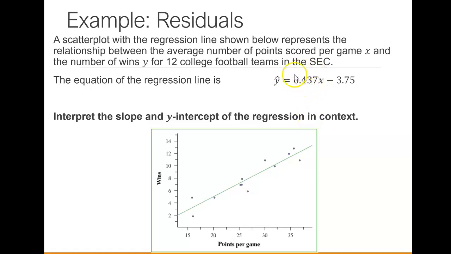So if I multiply 4.37 by points, the unit on 4.37, the denominator must be points, right? Everybody agree with that?